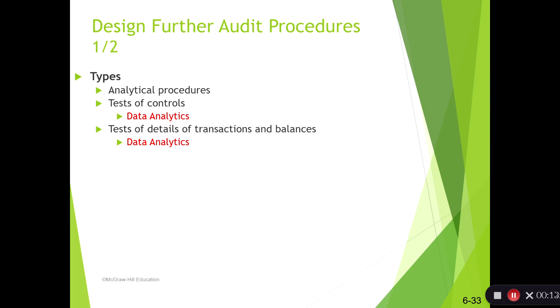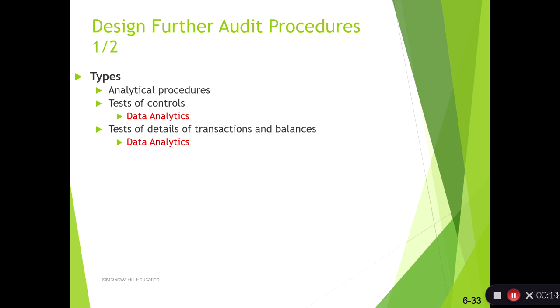Control testing and test of details can both make use of data analytics. And remember the difference between the analytical procedures and data analytics. Analytical procedures just use kind of financial statement level information, right? Account balances, whereas the data analytics uses transaction level data in order to do testing.